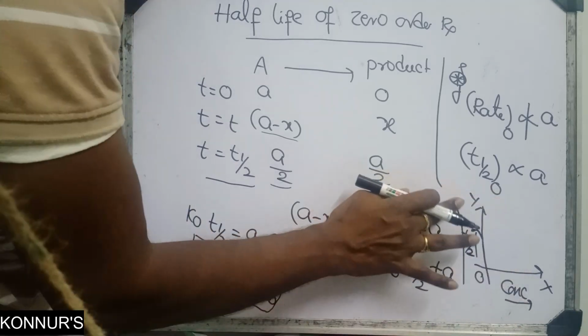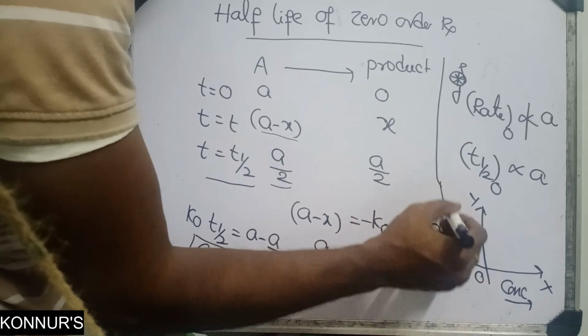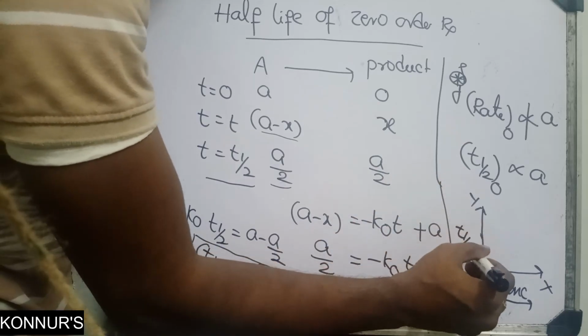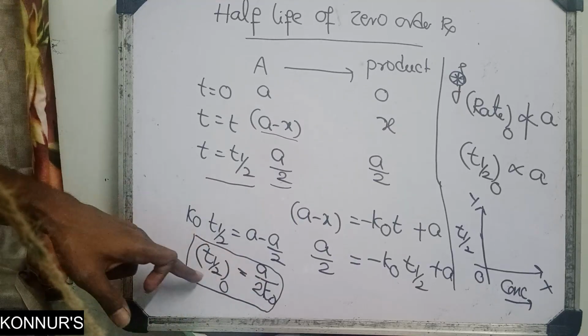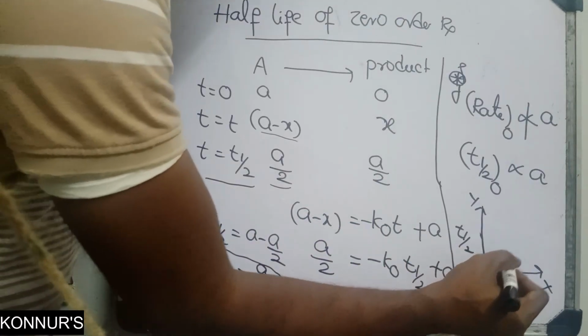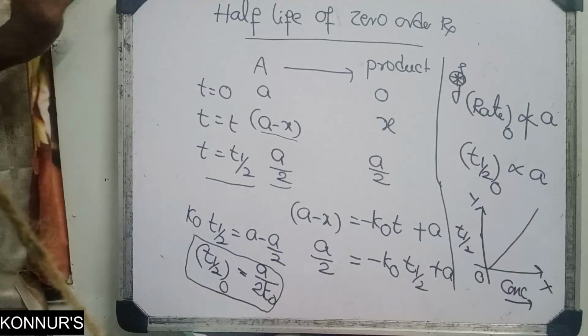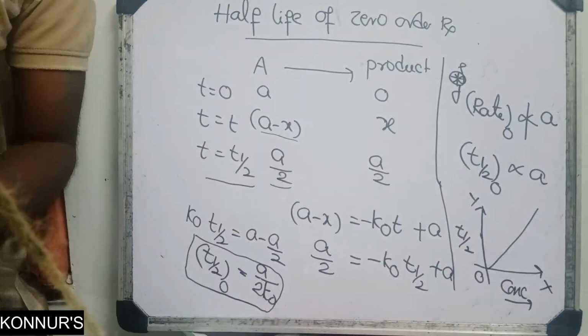So then what happens? See, if you are increasing the concentration, the t half value also increases. So that's why it is going through the origin. So according to t half, you are getting one graph also.